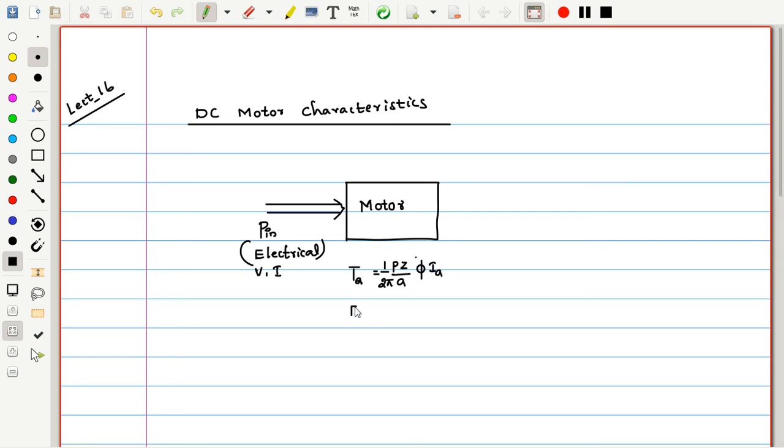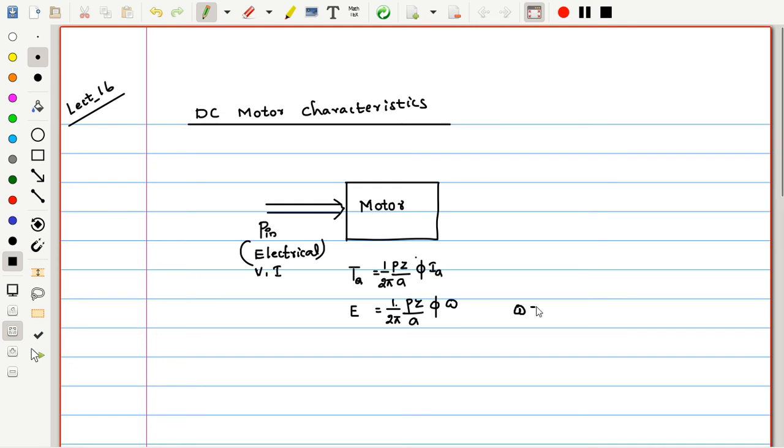And also we saw in the generator the induced EMF expression is, let me write, P Z by A into the flux. I had written previously small n. Now I would like to add that with the omega, and I'll put 1 by 2 pi. This expression also we had seen.